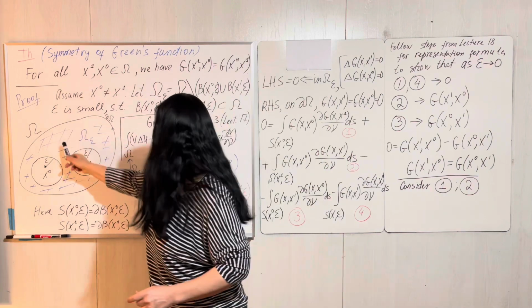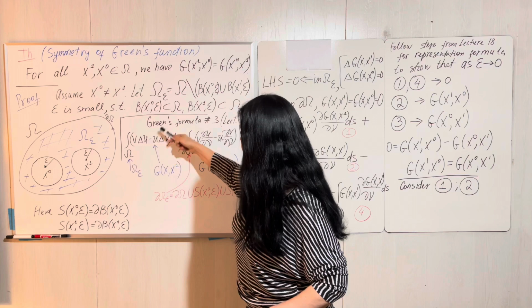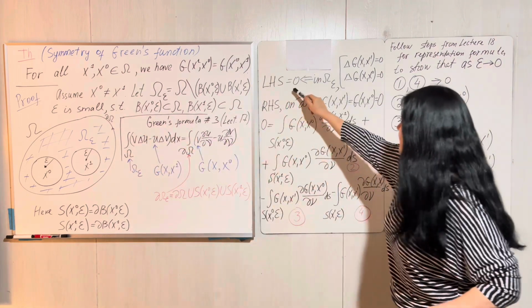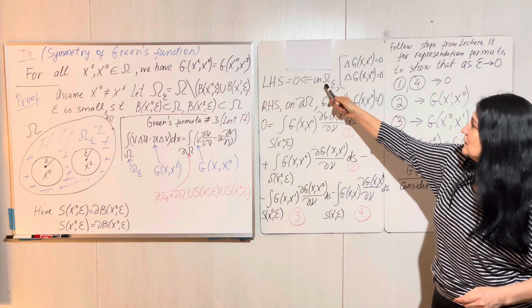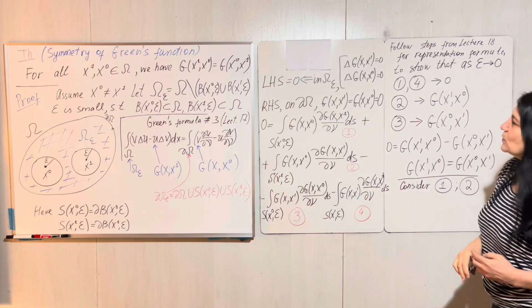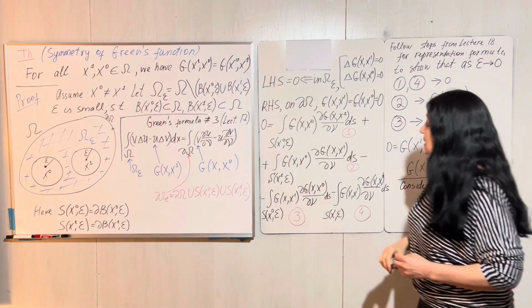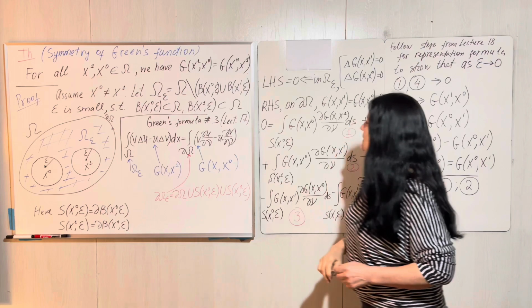So harmonic, 0, harmonic, 0, so the left-hand side would be 0 in omega epsilon. Now let's look at the right-hand side.